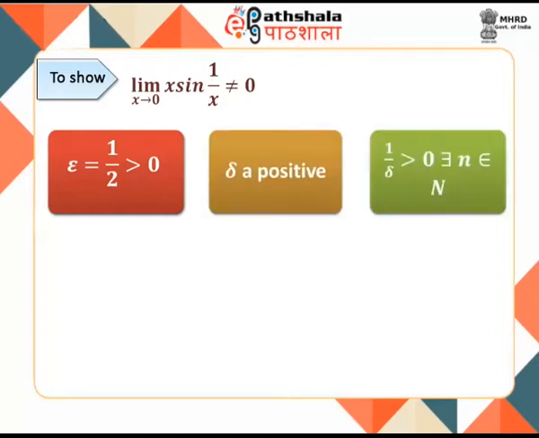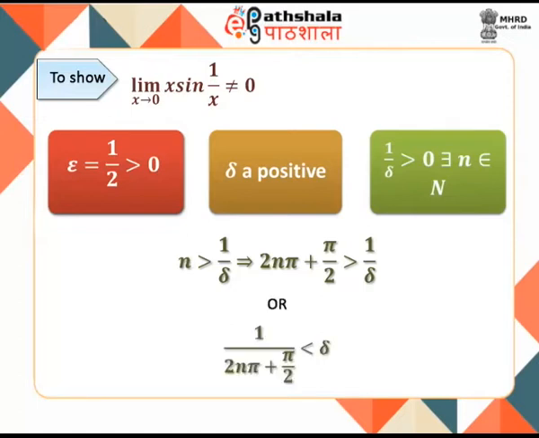Now, 1 by delta greater than 0, therefore there exists n belonging to natural numbers such that n greater than 1 by delta. This implies 2n pi plus pi by 2 is greater than 1 by delta, or 1 by 2n pi plus pi by 2 is less than delta.